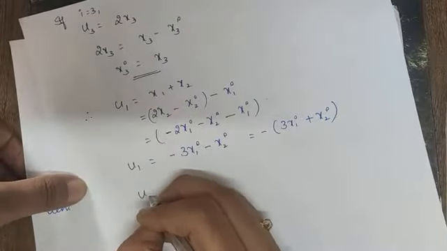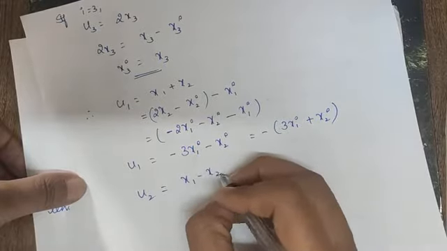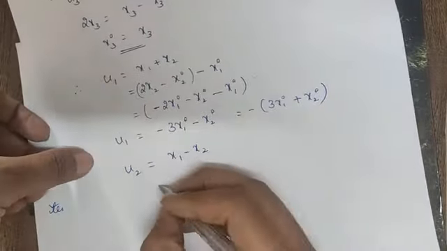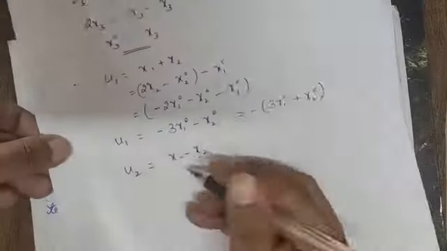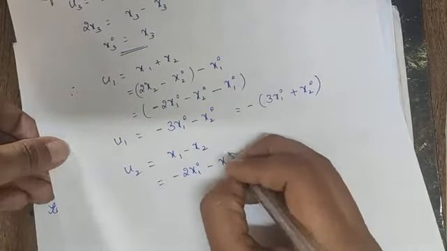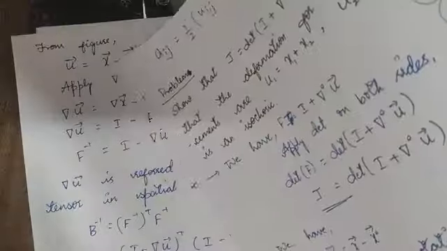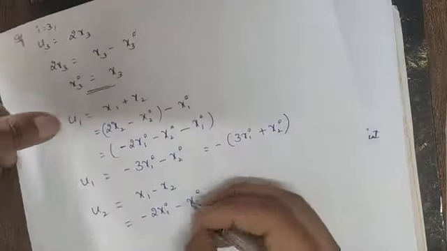Now what is u2? u2 is nothing but x1 minus x2. Again if you simplify, what is x1? x1 is minus 2x1 naught minus x2 naught, correct? Yes. And what is minus x2? It is plus x1 naught.